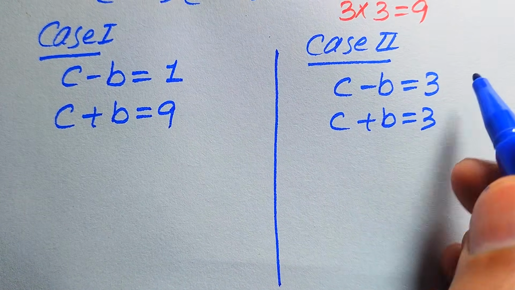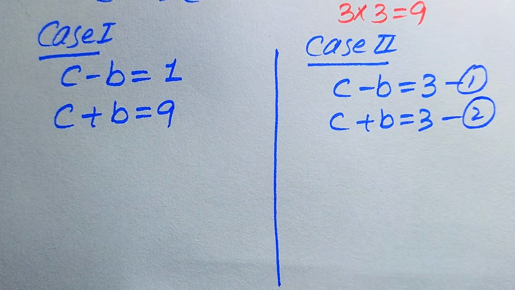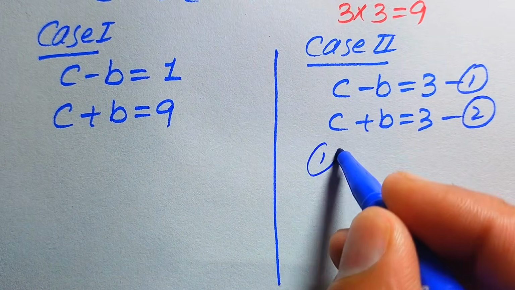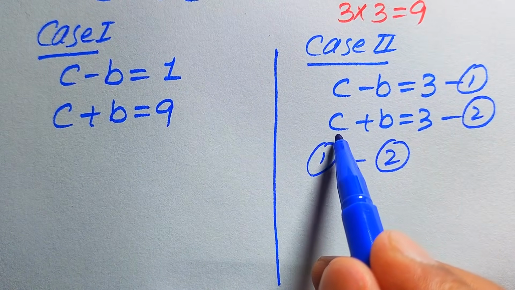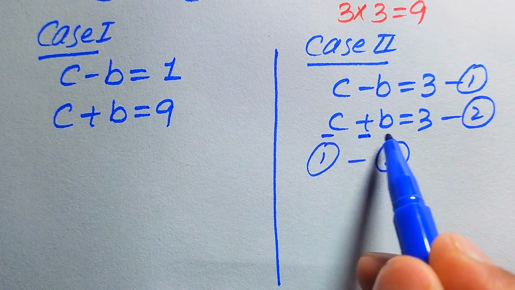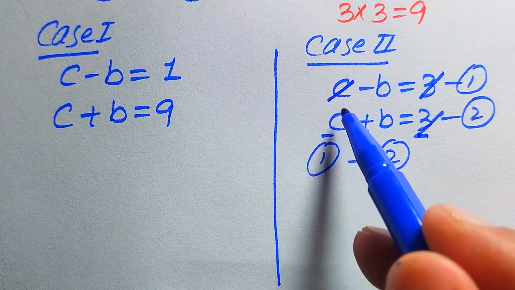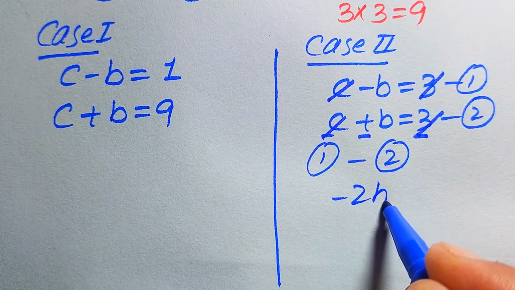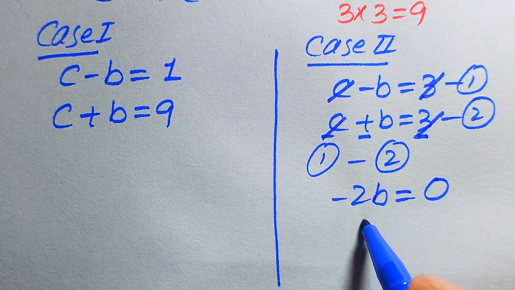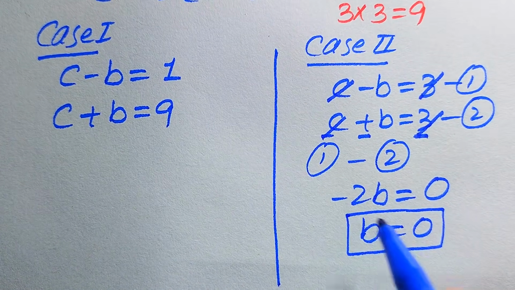We call this equation number 1 and this equation number 2. We subtract equation number 1 from equation number 2, which means we change the signs. So this is negative, negative and negative. The minus 3 and plus 3 are gone, and we get minus b minus b, which is minus 2b equals 0, so b equals 0.